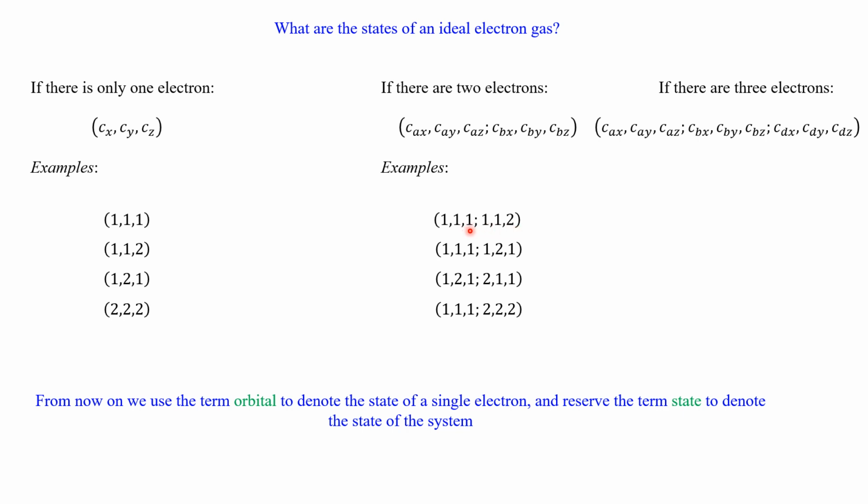For example, we cannot have a state of the system with the orbital 111 repeated twice, like 111, 111. If we had that, we would be saying that there is a state of the system where the orbital 111 is occupied by 2 electrons, and Pauli exclusion principle forbids that a single orbital be occupied by more than 1 electron.